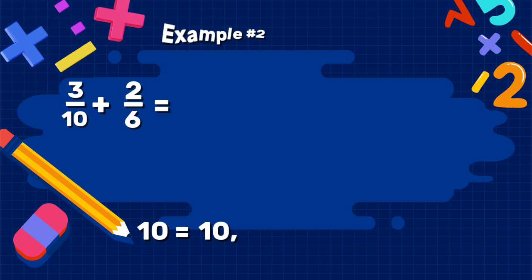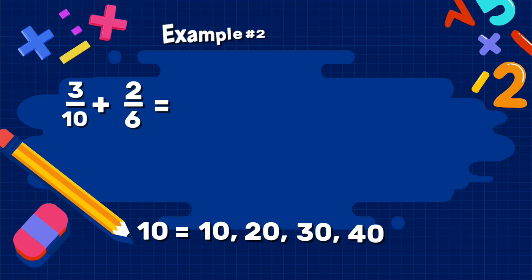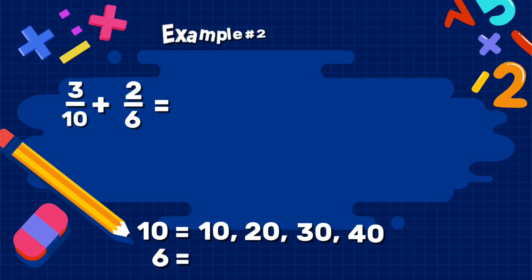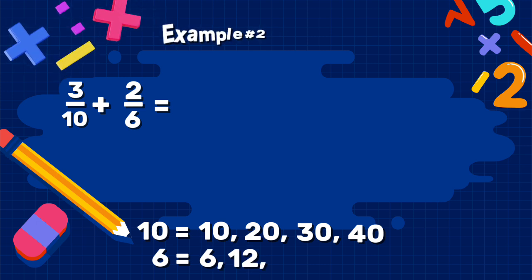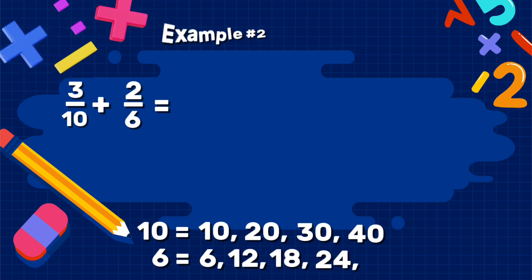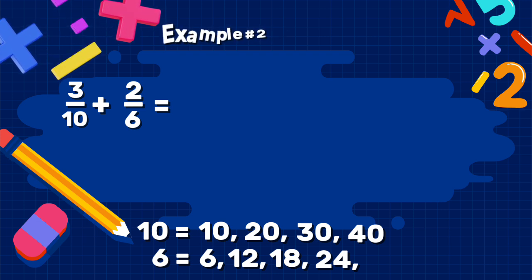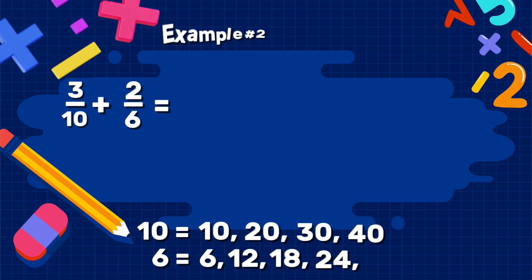So 10, 20, 30, 40. So we will write out 4 multiples for each. Let's do 6 now. 6, 12, 18, 24. So 4 each. And we don't have a common multiple. That's okay. We can extend our list.